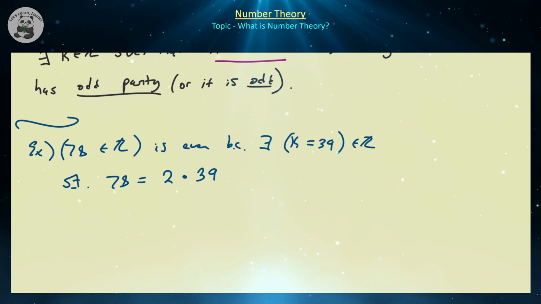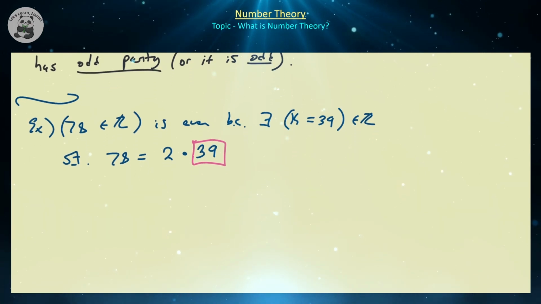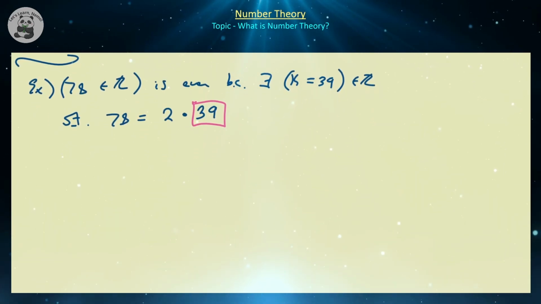In particular, 2 times 39 is equal to 78. Therefore, there exists some integer such that 2 times that integer is equal to 78, which proves that that number 78 is even.